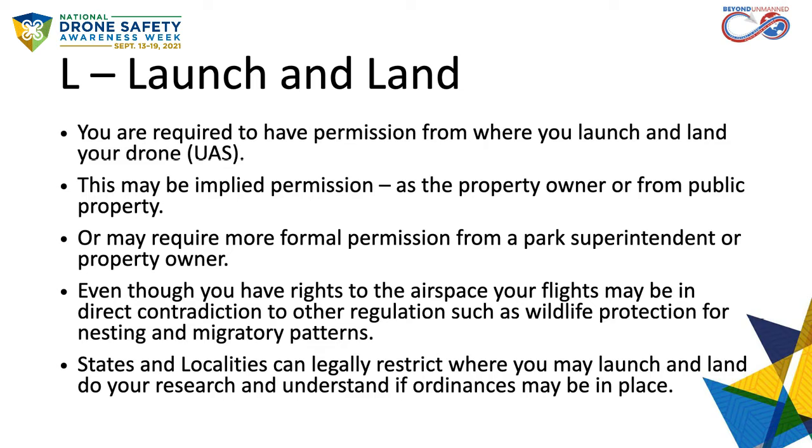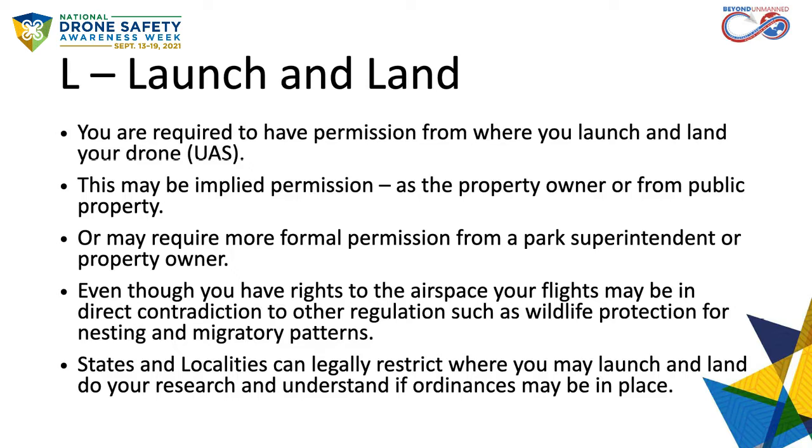If we are flying somewhere else, on another person's or private citizen's property, we need to make certain that we have his permission. Or in state and national parks, we might be required to have the park superintendent's permission in order to have our flights.